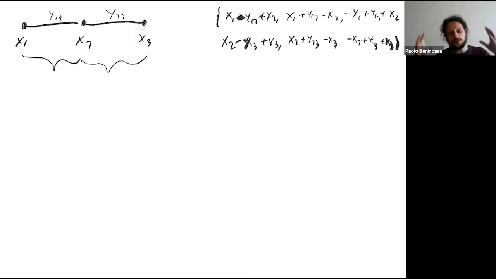Because if you think about it, when you take these triangles and intersect them, the number of vertices doesn't change. If you start with two triangles, so you start with 6 vertices, and you intersect them in the middle, the result is still going to have 6 vertices, the same that you had before, but projected in the subspace.